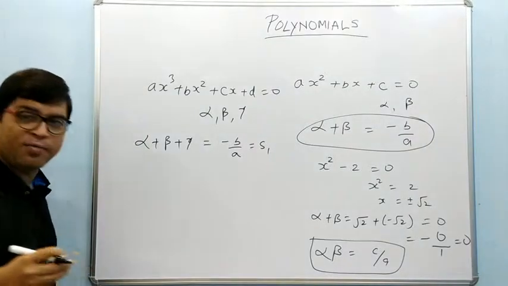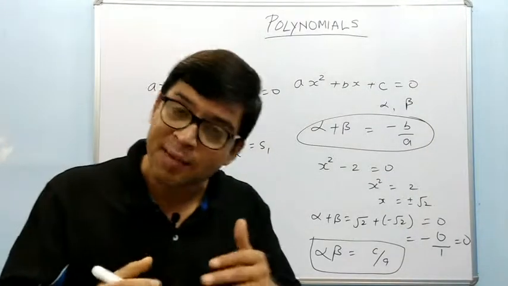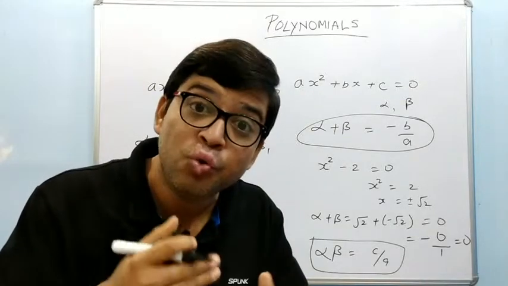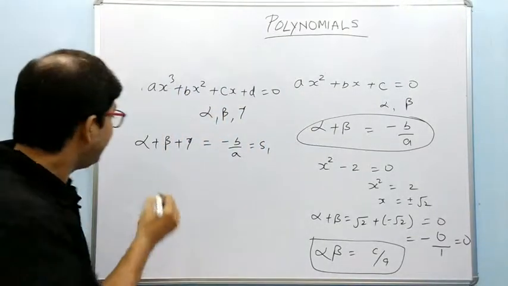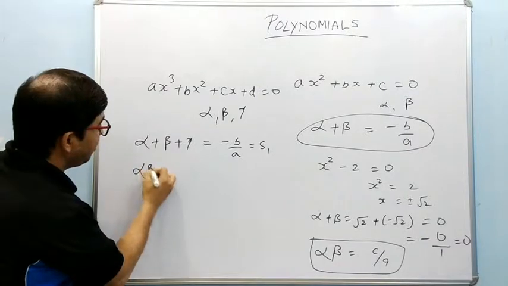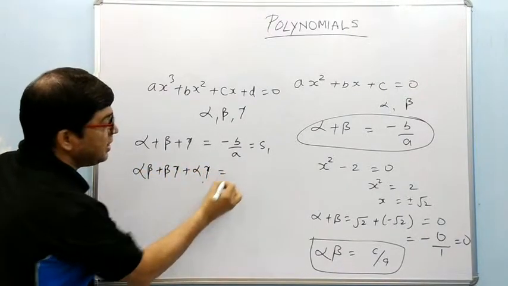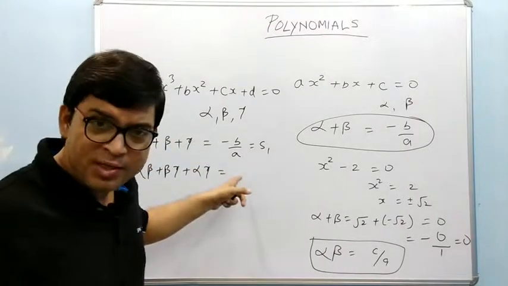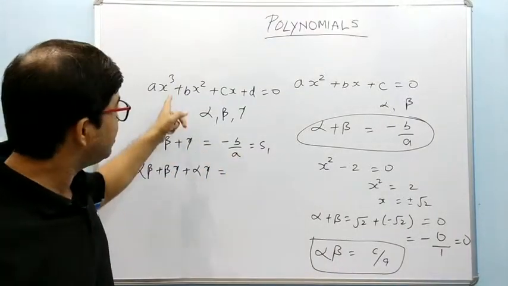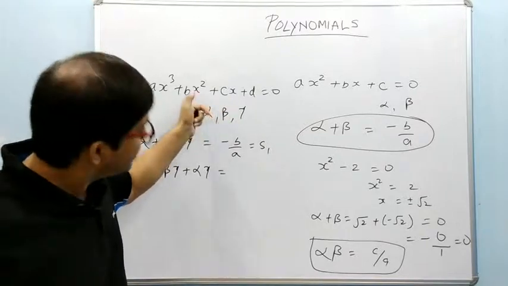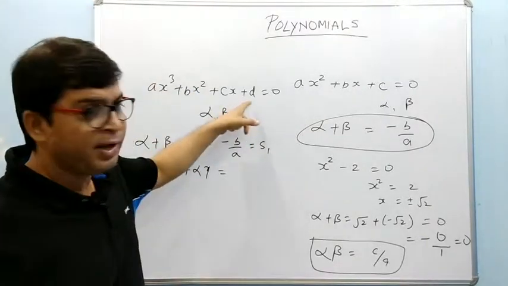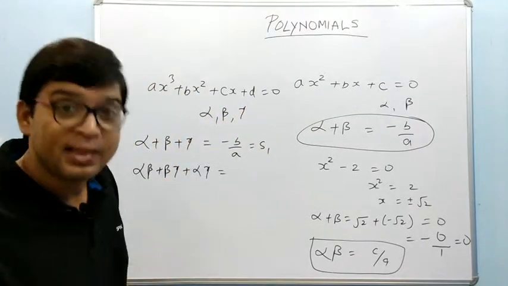Can you tell me the meaning of S2? S2 means the sum of the roots taking 2 at a time. What is that? Alpha beta plus beta gamma plus alpha gamma is equal to, if the first S1 is minus b by a, the second will be c by a, the third will be minus d by a, like that.